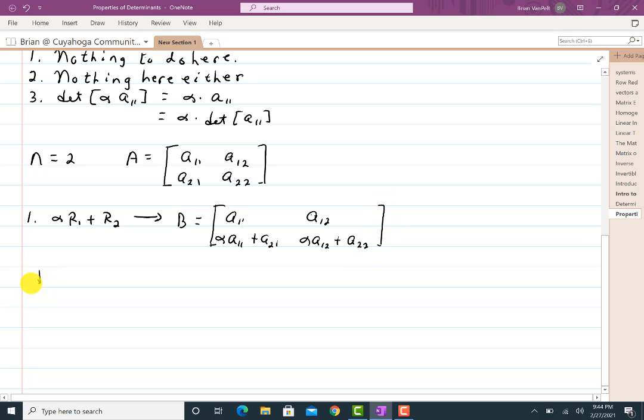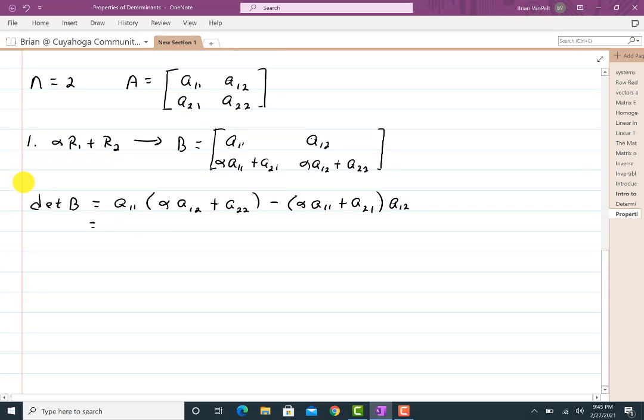And let's take a look at the determinant of B. Remember how this works. We do the determinant of a 2 by 2. I take and multiply the 1,1 with the 2,2. So it's going to be A11 times (alpha A12 plus A22) minus (alpha A11 plus A21) times A12. Let's multiply everything through.